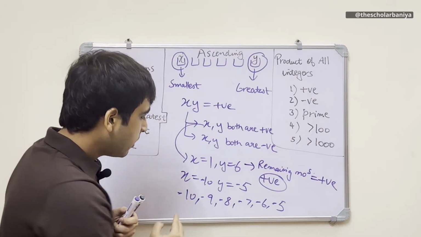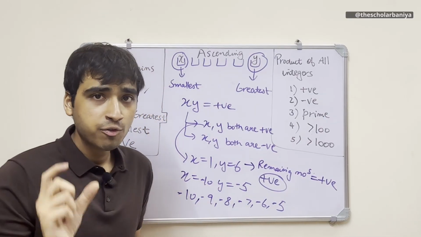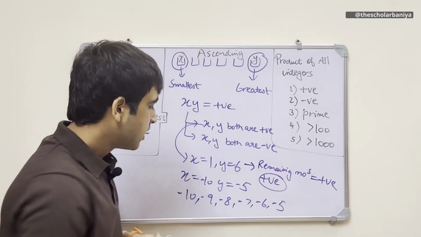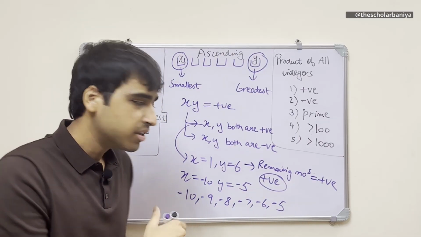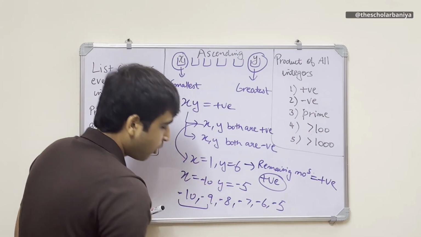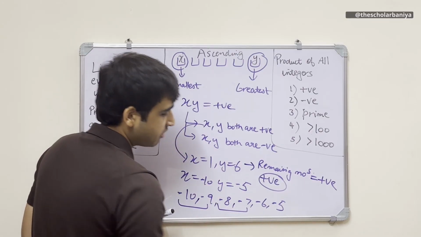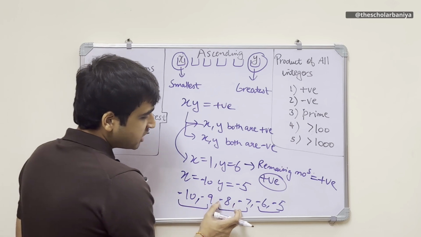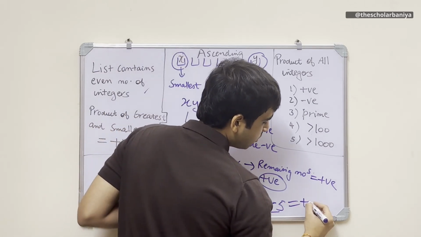And we also know that there is an even number of numbers, so there can be 6, 8, 10, 100, whatever. So minus into minus is positive, minus into minus is positive, minus into minus is positive, and positive into positive into positive will also be positive.